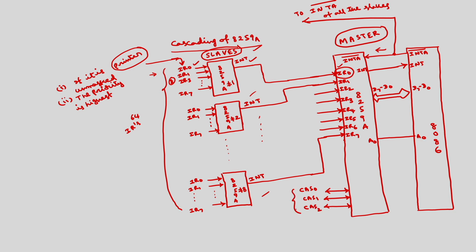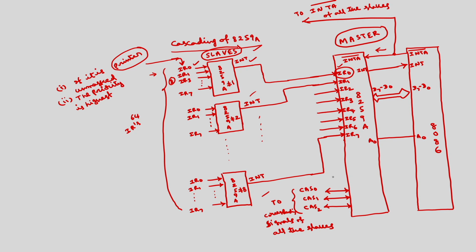These will be connected to the corresponding CAS lines of all the slaves. So, in response to the first INTA bar acknowledgement cycle, this master 8259 places the ID.